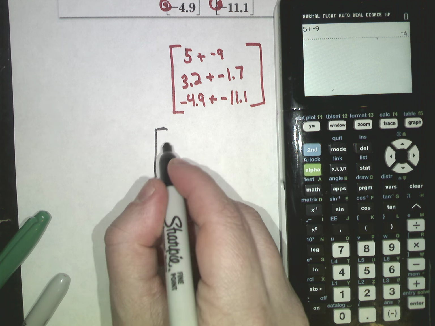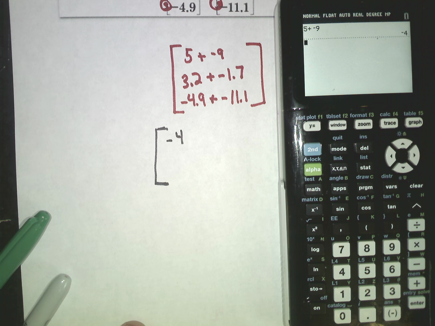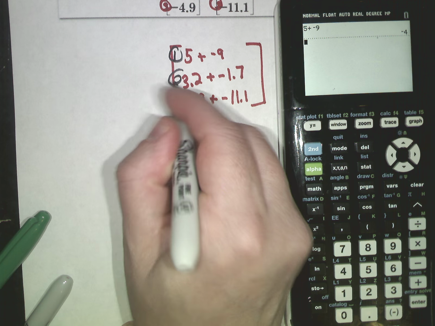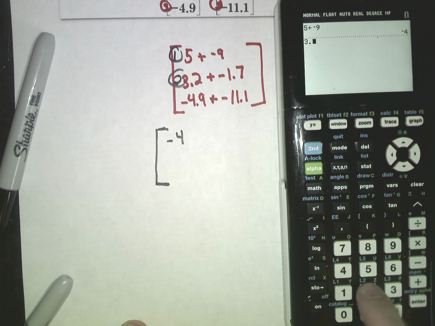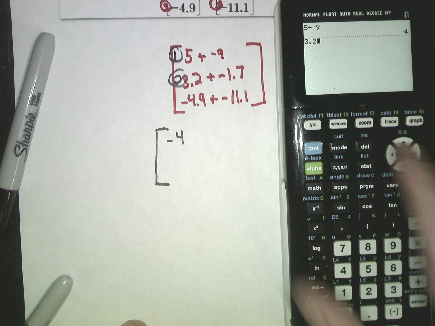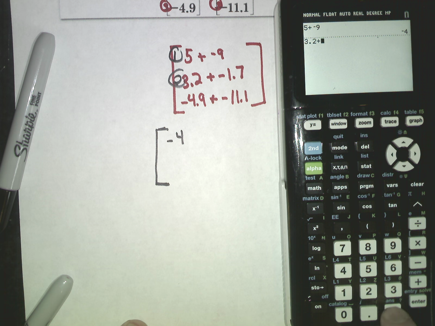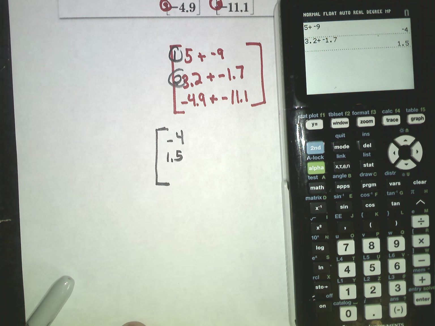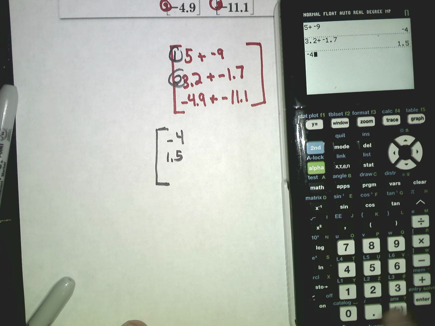So on the top spot, our answer was -4. On the second spot, spot number 2, so this is 1, we did 2 now. 3.2 plus, make sure I do this correctly, -1.7. What is positive 1.5. And then finally, my last number, -4.9 plus -11.1.